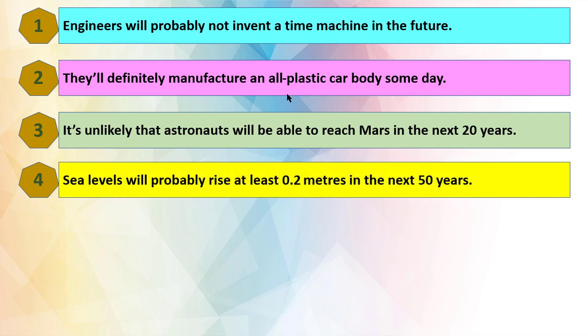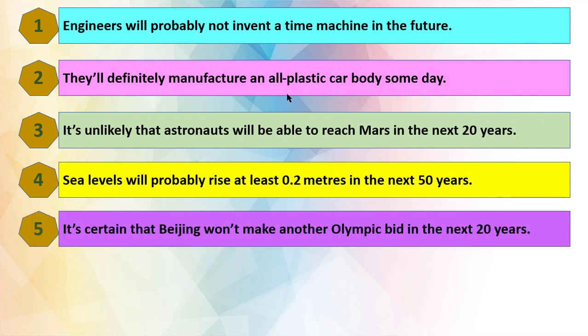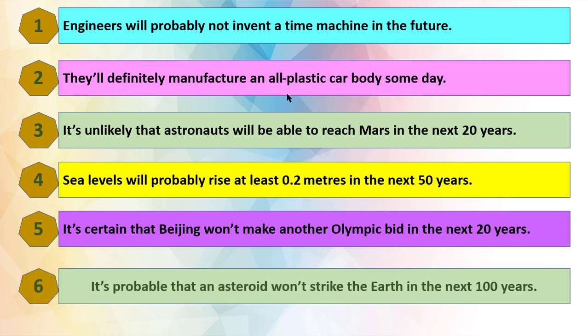Sea levels will probably rise at least 0.2 meters in the next 50 years. 5. It's certain that Beijing won't make another Olympic bid in the next 20 years. The last one, it's probable that an asteroid won't strike the Earth in the next 100 years.